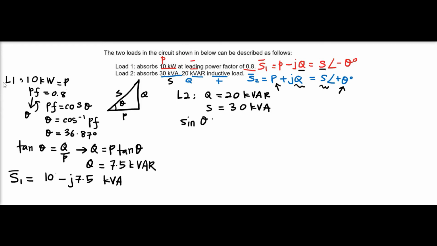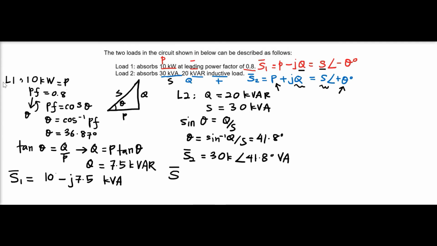Sine theta equals Q over S, so theta equals inverse sine of Q over S, which is 41.8 degrees. So the load 2 complex power equals 30k at angle 41.8 VA.